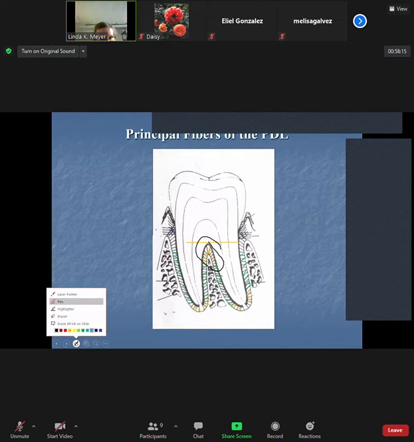I'm going to go back and label the horizontal ones too. And this picture on the mesial and distal isn't exactly symmetrical.